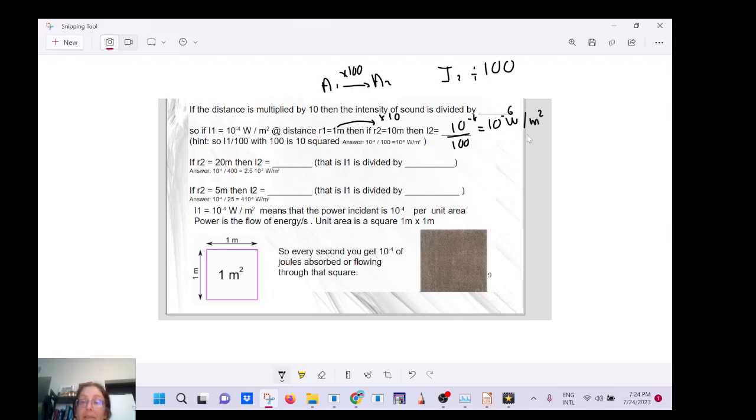So that's the idea. This is applying the inverse square law. And again, there is a fun experiment you can do. It's called the butter spray, if you are very lazy.